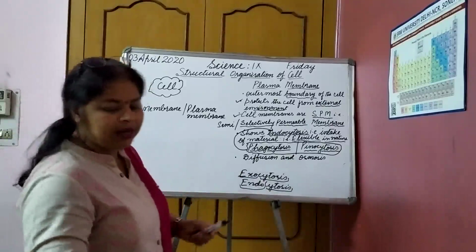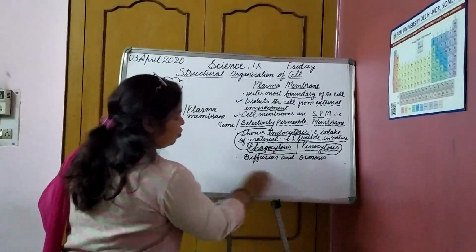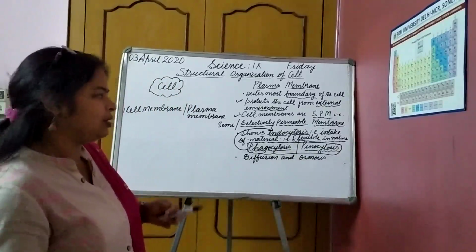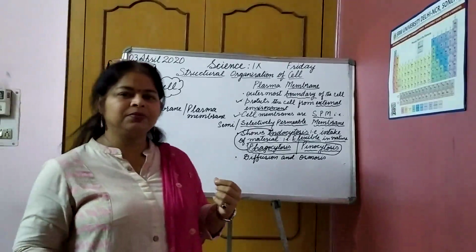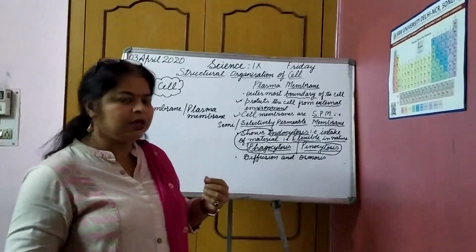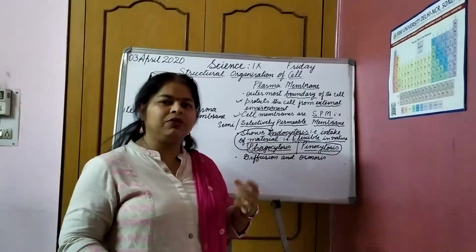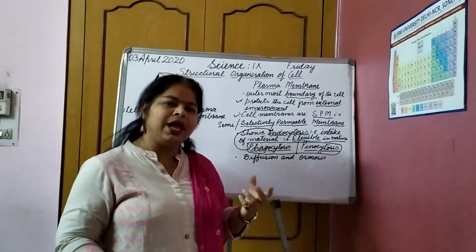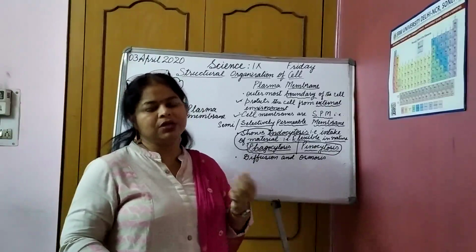Then a very important property: you know that cells take in gases. You have read about it in your previous class. When we respire, when we breathe in, oxygen and carbon dioxide are exchanged between the cells and the outer surroundings.